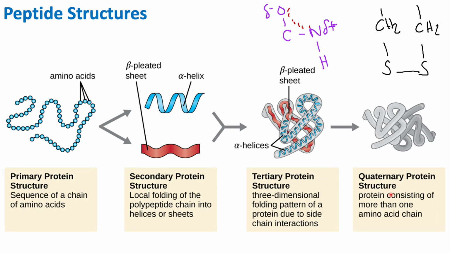So essentially, quaternary is made up of 2 or more tertiary structures. So we get our tertiary structure, and then when we have 2 or more tertiaries coming together, we get quaternary structures. Now, you may wonder, how do 2 tertiary structures interact? Well, remember that on the outside, we actually have some hydrophilic polar amino acids. For example, we might have glutamate on the outside over here, and on another tertiary structure, we may have lysine.